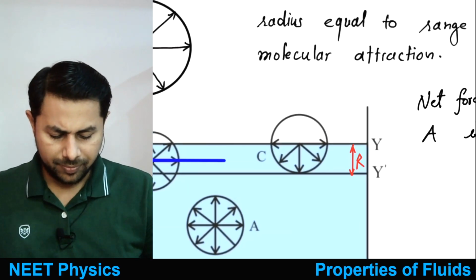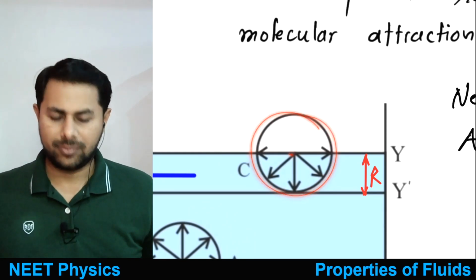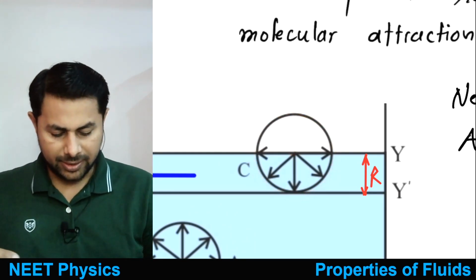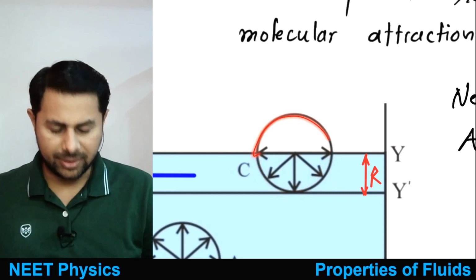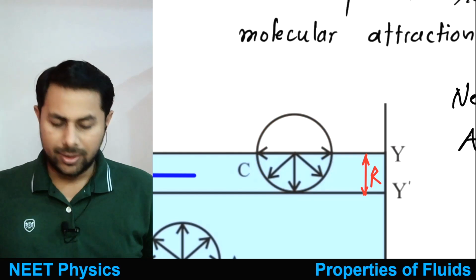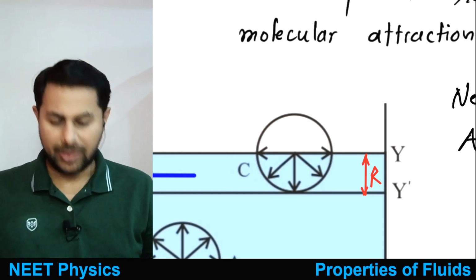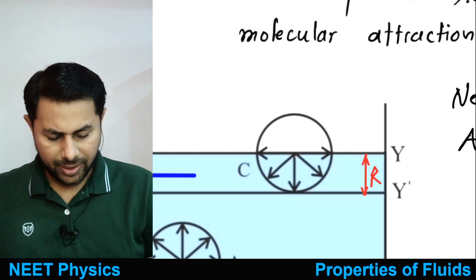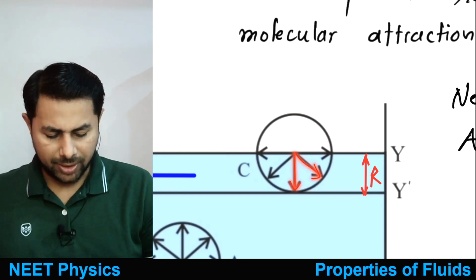Now consider the molecule C, which is at the top layer of this liquid, that is water. If you draw a sphere of influence for this one, then half of the sphere is inside the liquid and half of the sphere is outside the liquid, that means in air. There are very few air molecules because the density of air is very low. So this molecule gets attracted by other liquid molecules.